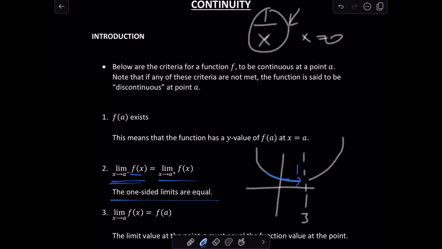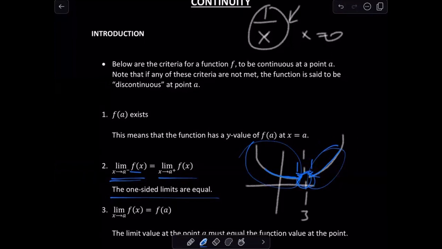So as I'm approaching 3 from the left-hand side, that is having a limit of +1. And as I approach 3 from the right-hand side, that also has a limit value of 1. So basically, the limit from the left and the right must be approaching the same value. And that's condition 2. Can't get any simpler than that.